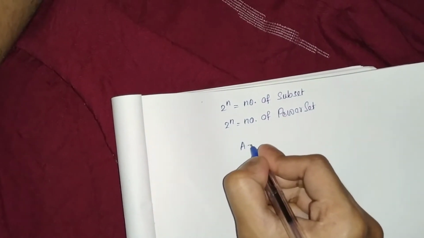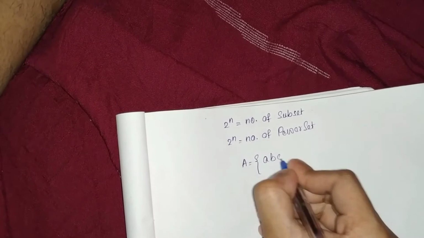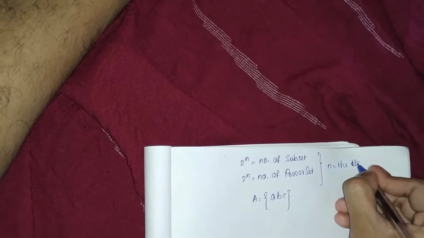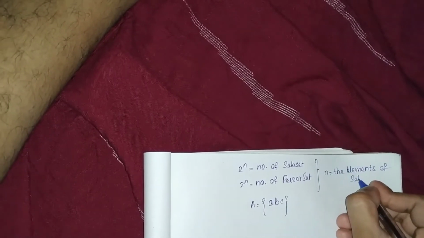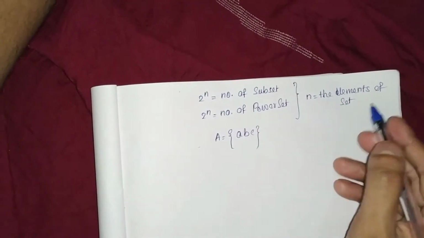Okay, let's check. We have a set whose elements are A, B, C. Here n means the elements of the set.